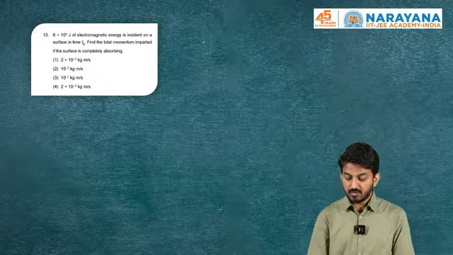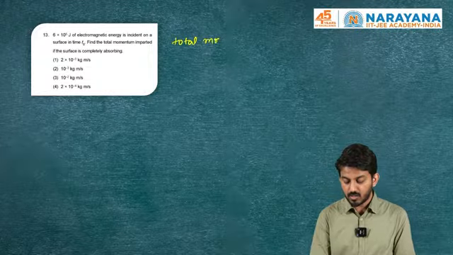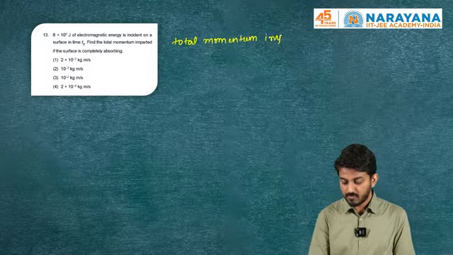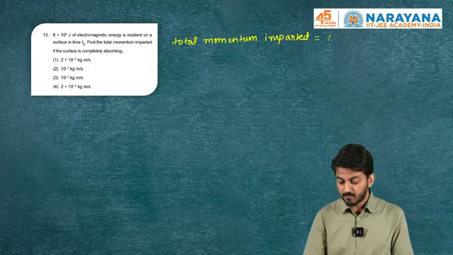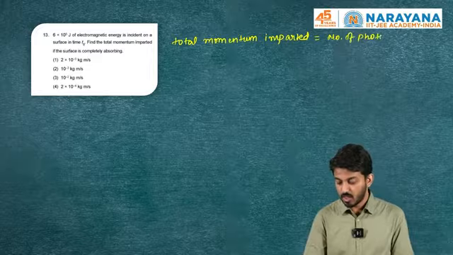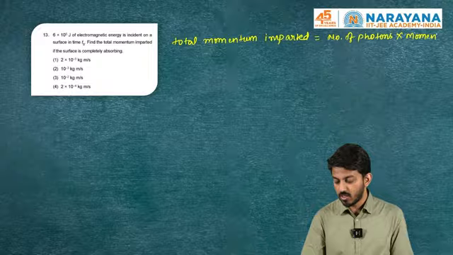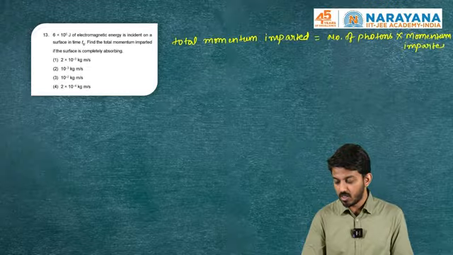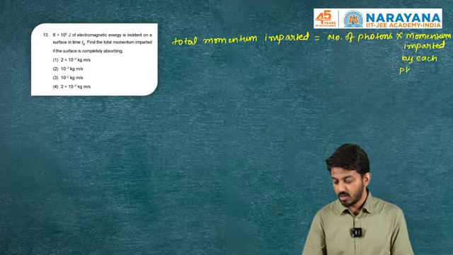The total momentum imparted is equal to the number of photons multiplied by the momentum imparted by each photon.